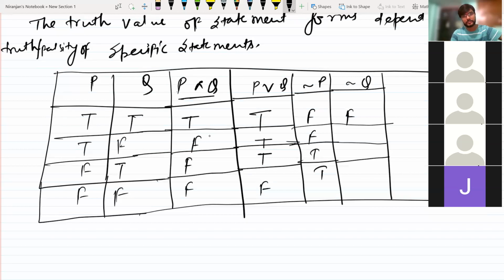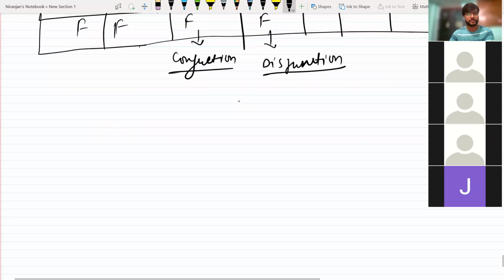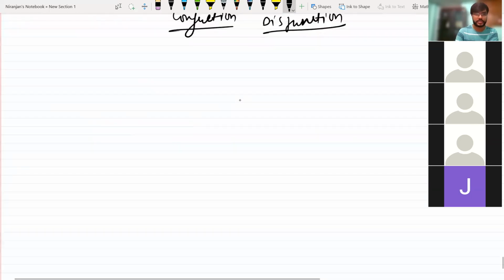Similarly, you get false, true, false, true. Now, this is actually conjunction. Let me write this one here. And this is disjunction.